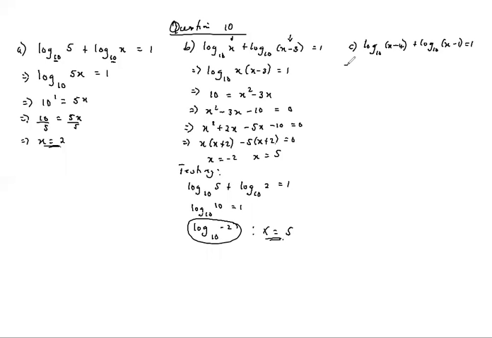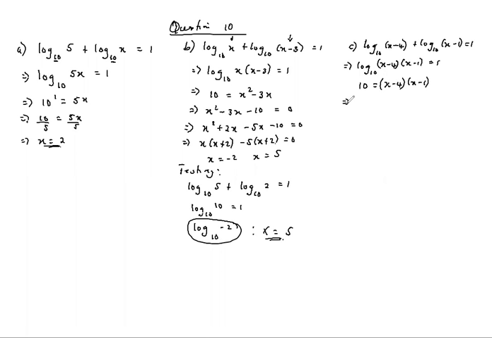So this again is log 10 (x minus 4)(x minus 1) is equal to 1, which is log 10. Now you change it to exponential, so it becomes 10 to the power 1, which is 10, is equal to (x minus 4) and (x minus 1).